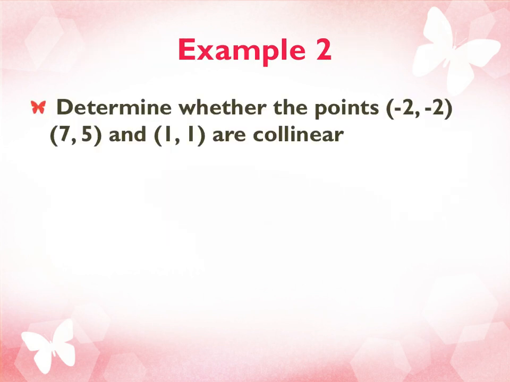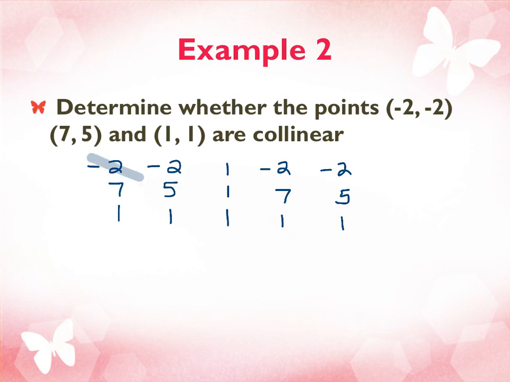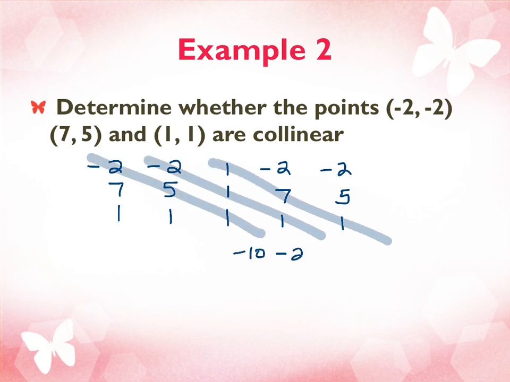All right, determine whether the points negative 2, 2, 5, 7, and 1, 1 are collinear. So top left, bottom right first. Top right, bottom left, second.